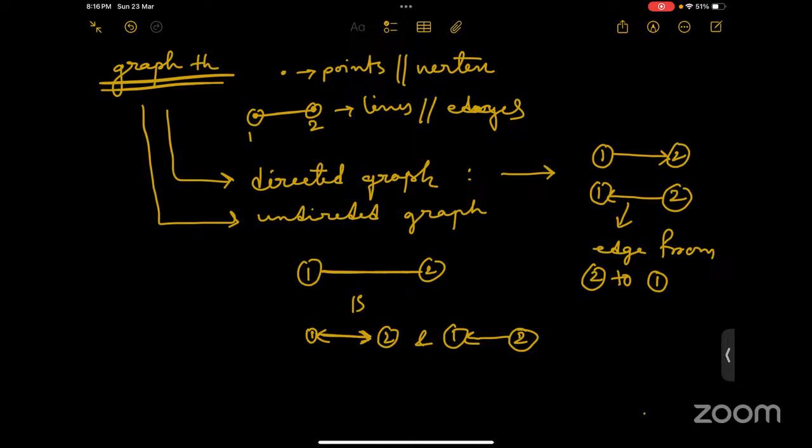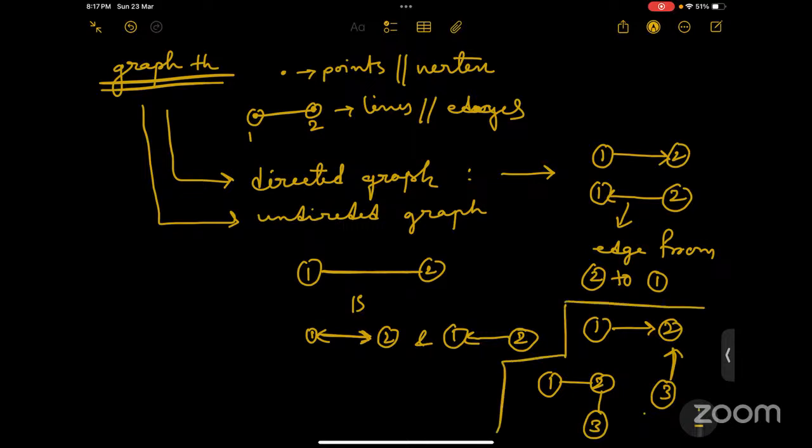Okay. Suppose you have one graph, 1 to 2 and 2 to 3, like that. Now, can I go from 1 to 3 in this graph? No, you cannot. Right? But if I have this, then we can go. Correct. So this is the difference.